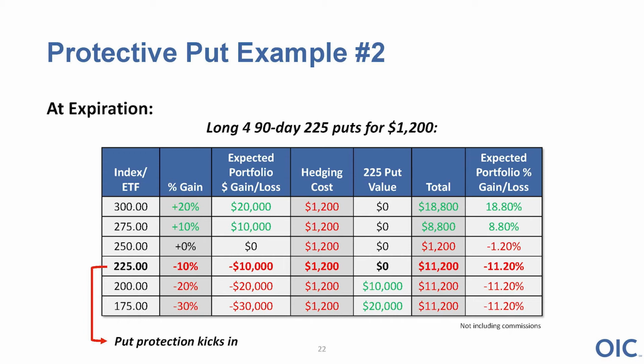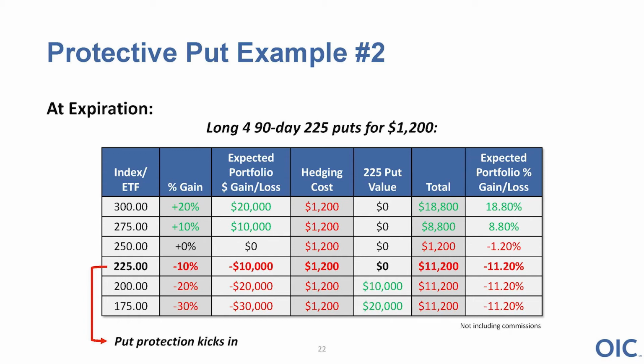Our upside performance is going to be diminished by 1.2% because that was the value that we paid for the puts. But you can see on the upside, we get that upside participation, which is what we want.